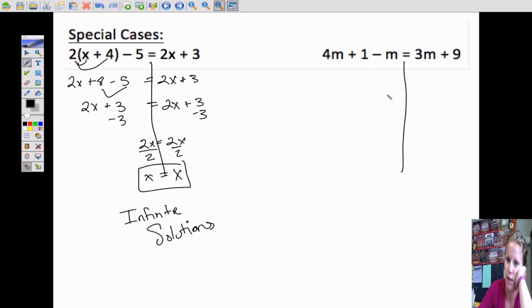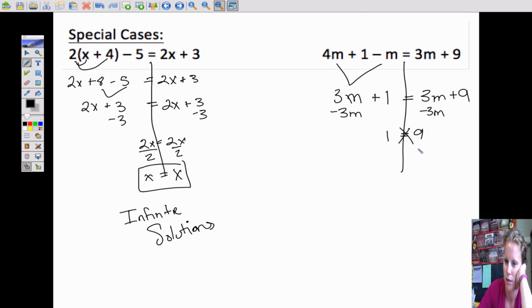Over here, if I draw my line down, I'm going to combine like terms. So I have 3m plus 1 equals 3m plus 9. Now notice here, I have 3m and 3m, but then I have 1 and 9. So what happens when I subtract my 3m's? Then I just get 1 equals 9, which isn't true, right?